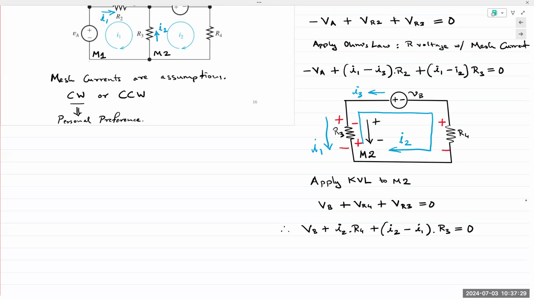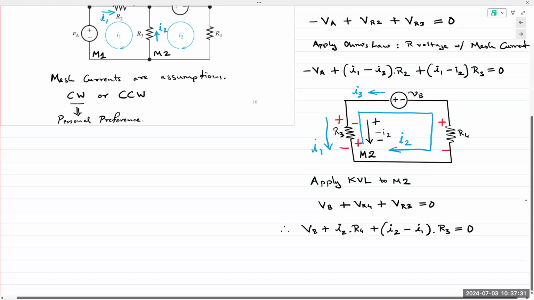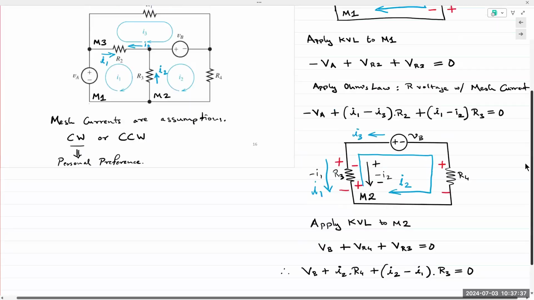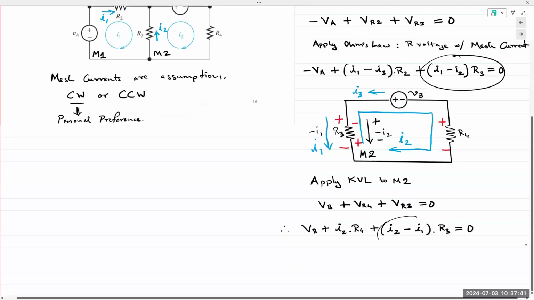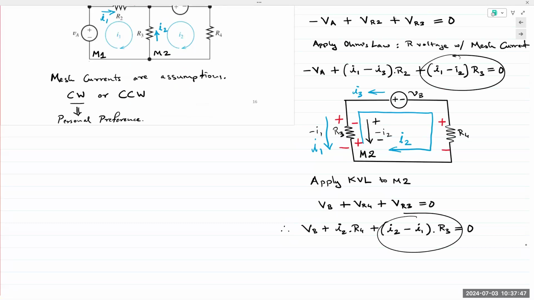Right? It's going in the opposite direction. So this would be minus I2. This is already minus I1. So you'd have a double positive here in mesh 1, and you'd have a double negative in mesh 2. And hence your equations would balance out.